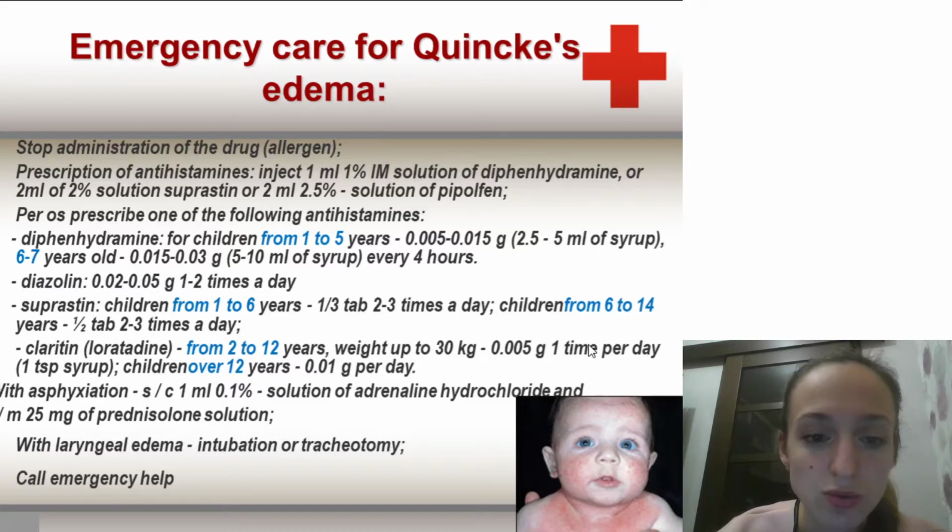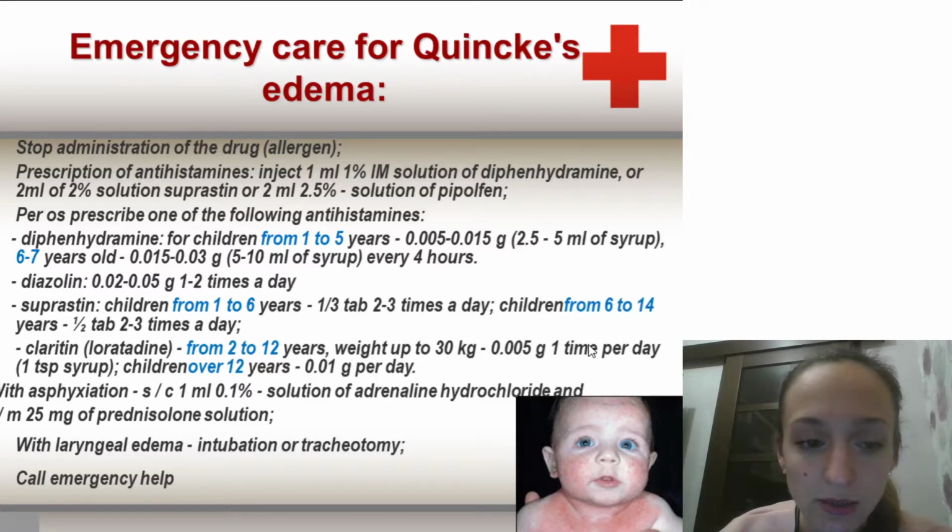Diazolin, 2 times a day. Cyproheptadine, also from 1 to 6 years, is 1/3 tablet, 2 or 3 times a day, and for children from 6 to 14 years, 1.5 tablets, 2 or 3 times a day.